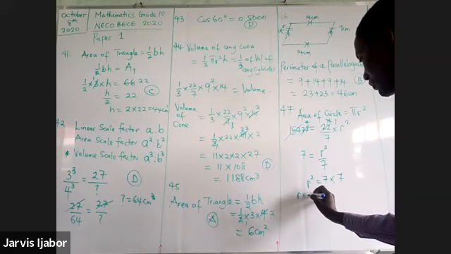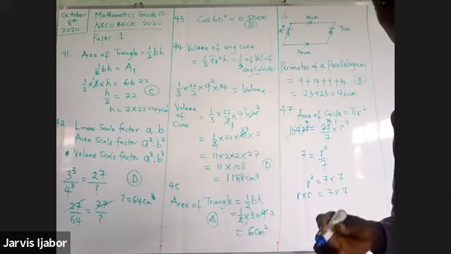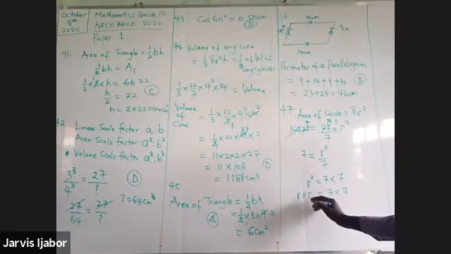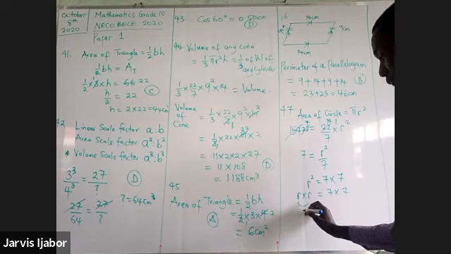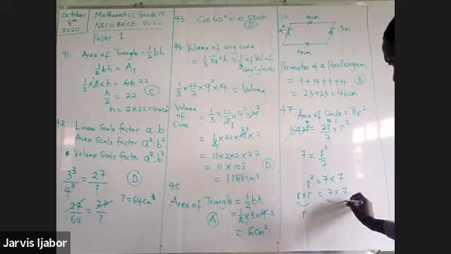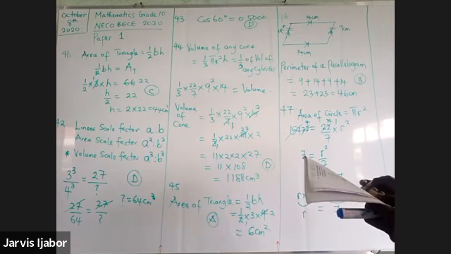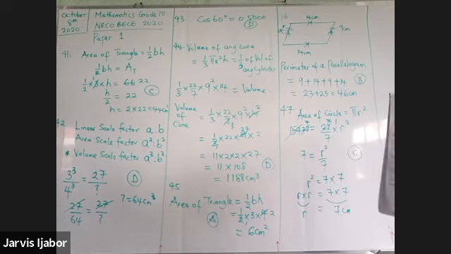So R squared means R times R, and that will be equal to 7 times 7. When you're looking for the square roots, what you do is to pair and pick one, you pair again and pick one. So that means that the radius will be equal to 7 cm. And that answer will be option C.